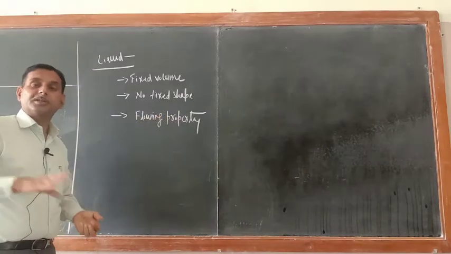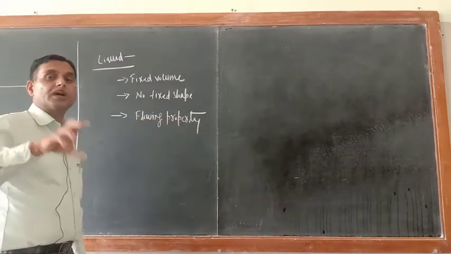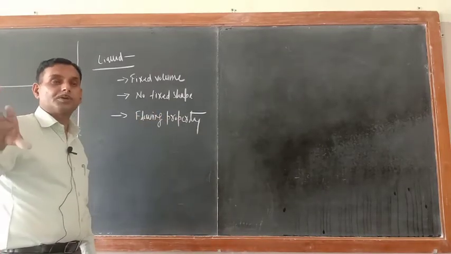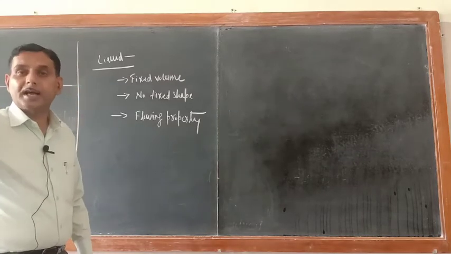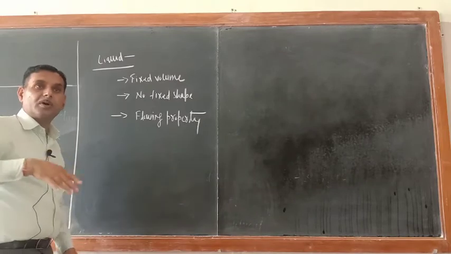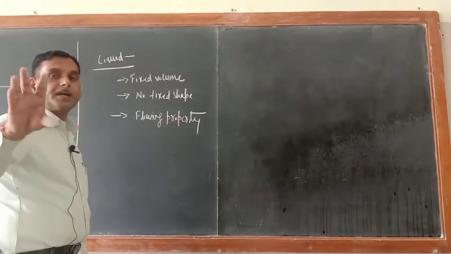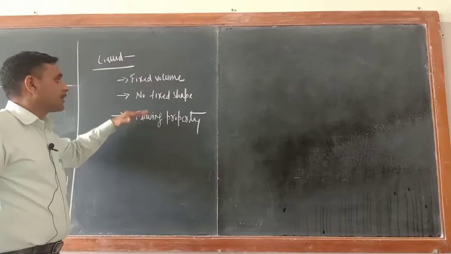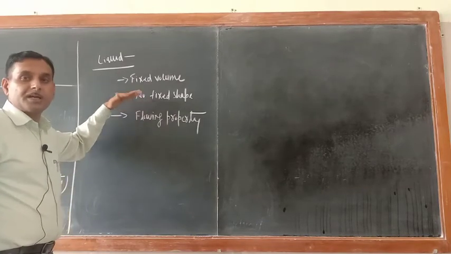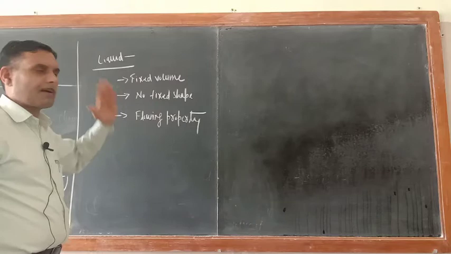So liquid is, in terms of interparticle attractive force, in between the solid and gas. That is why they have got the flowing property. Interparticle attractive force is not very strong, that is why their shape is also not fixed and they have got the flowing property.